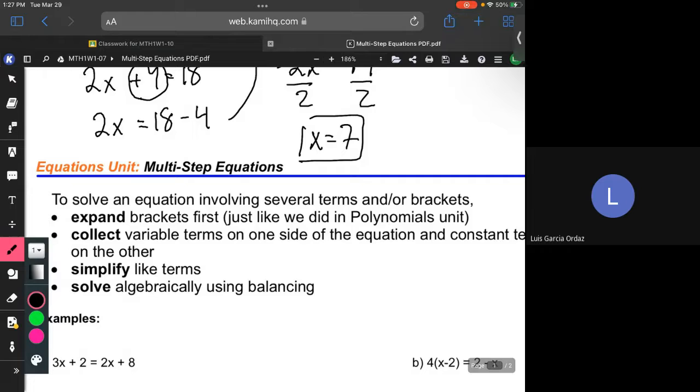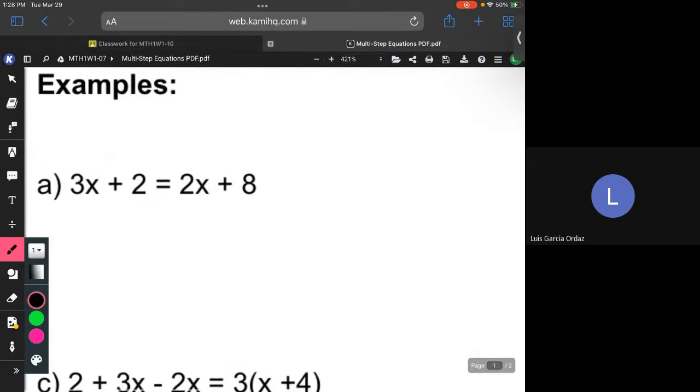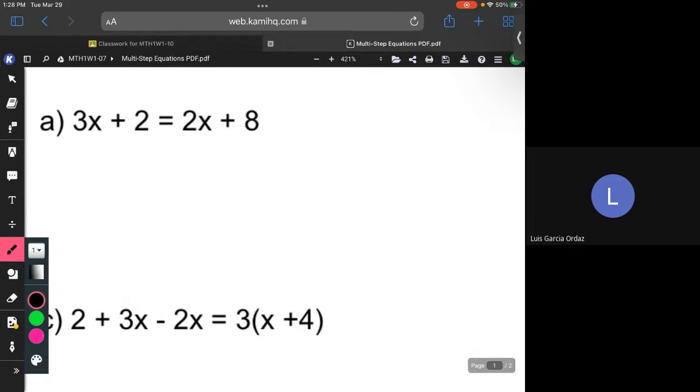Yes, Kareem. For A? Okay. Let's try A first. Let's see what we can figure out. For the first step, you have to move 2x with 3x. So Kareem wants to move the variables over to the left side. He wants to take this positive 2x and move it over, which makes it what?